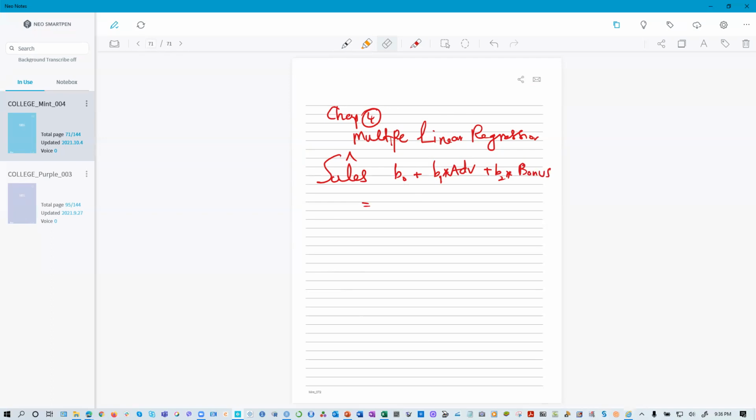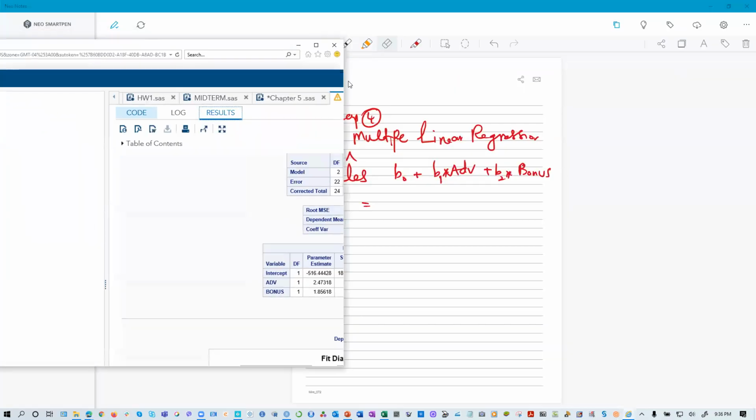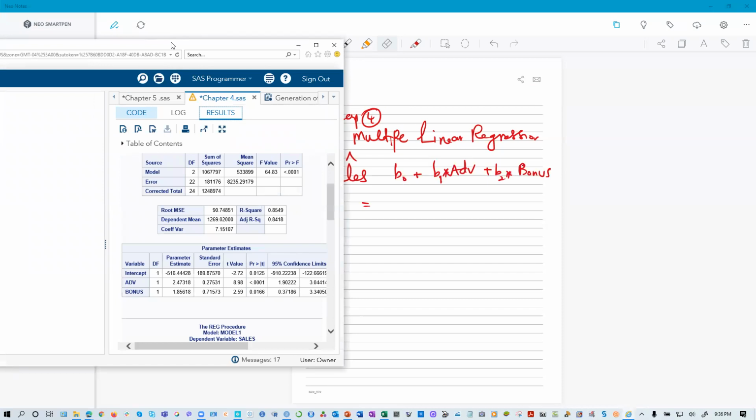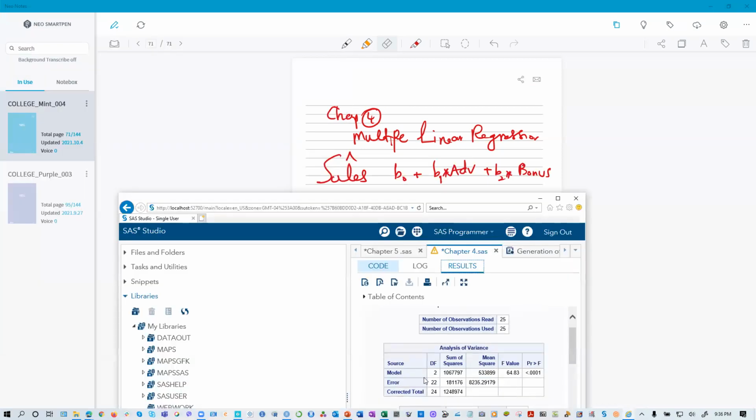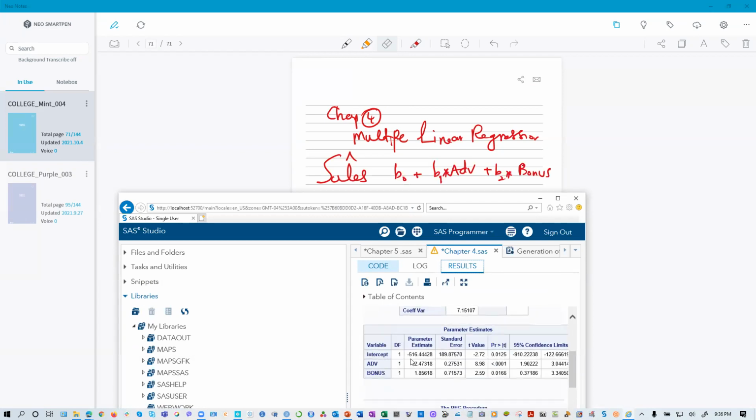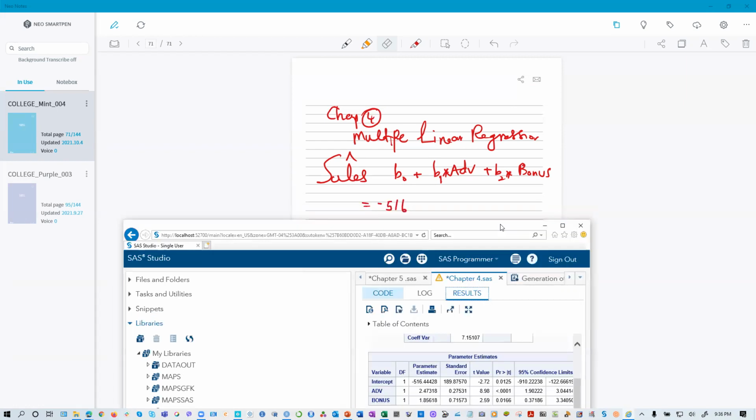So B0, you can see easily, is negative 516.44.